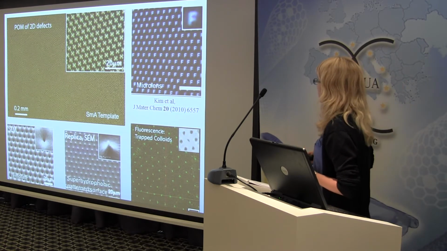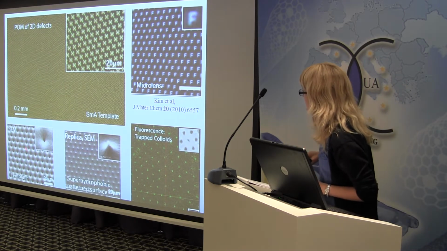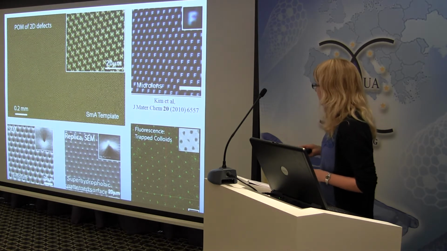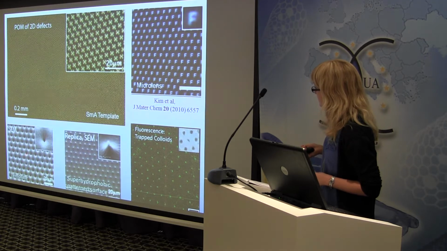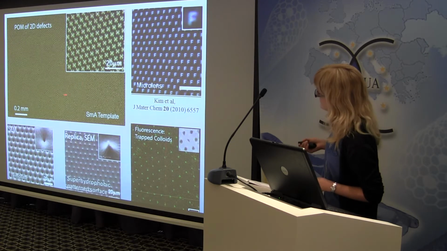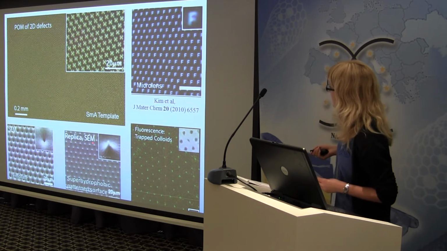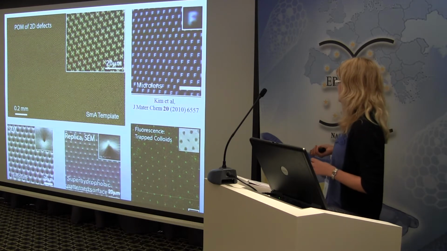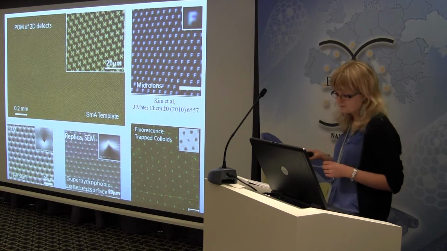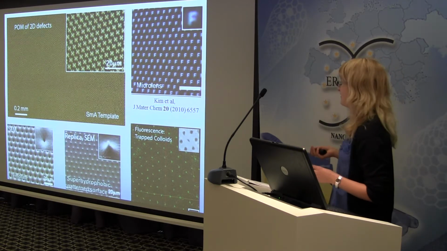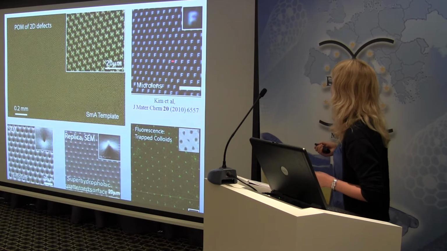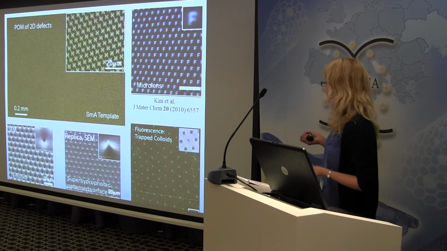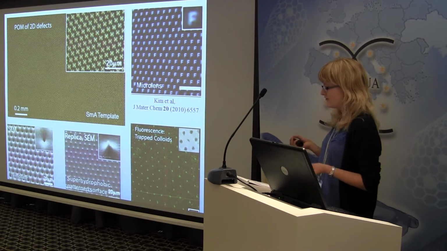In the bottom images you can see a scanning electron microscopy image of the same lattice of focal conic domains and the replica of the same lattice. And as was shown, it finds a very nice application as, for example, a microlens array. It is very easy to do.